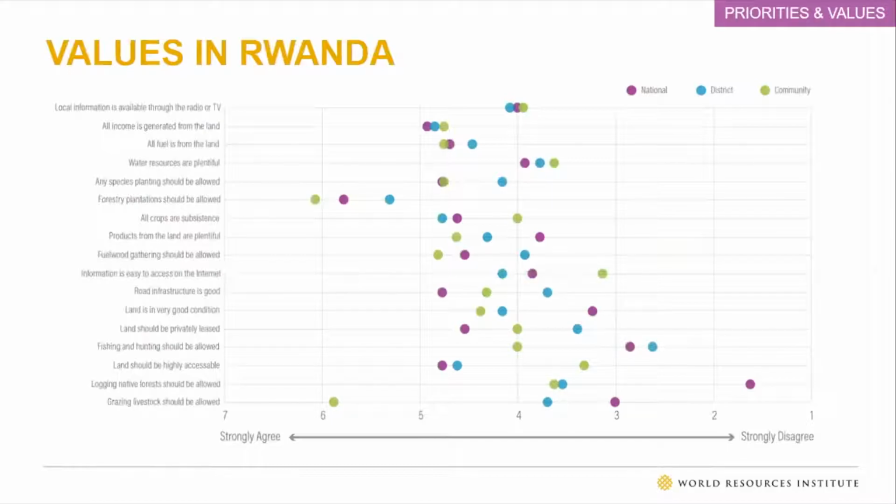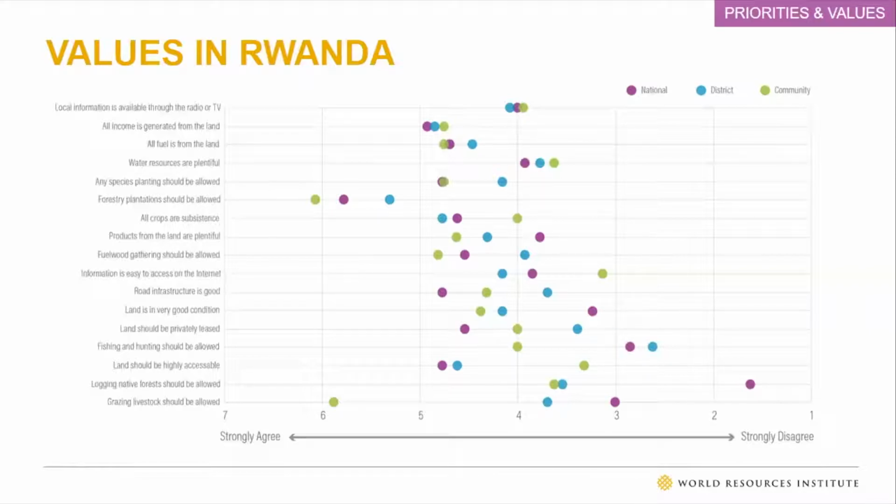This is a case of the values in Rwanda, and we wanted to look at the different scales again at the national, district, and community level. Certain issues, such as how does information flow? Is local information available through radio, TV?